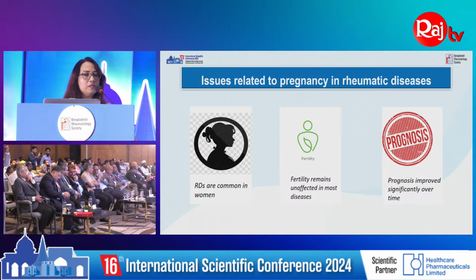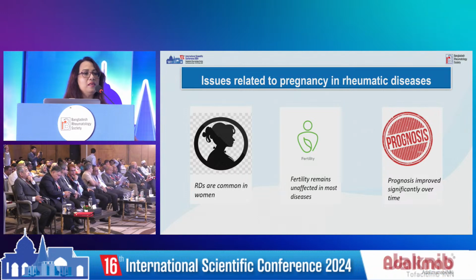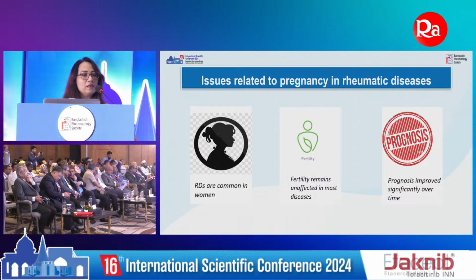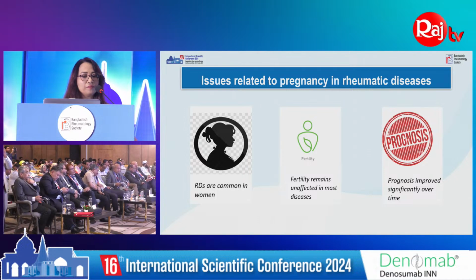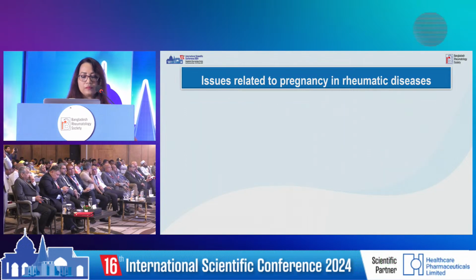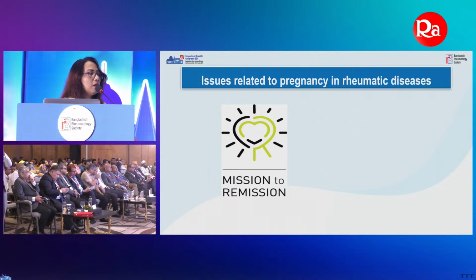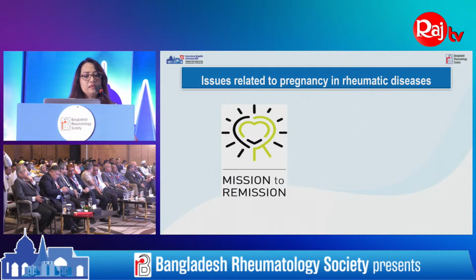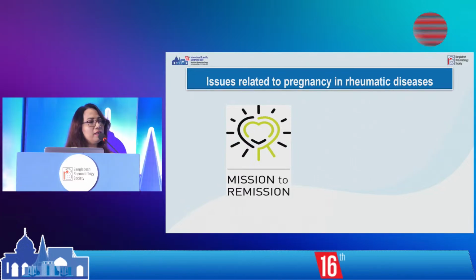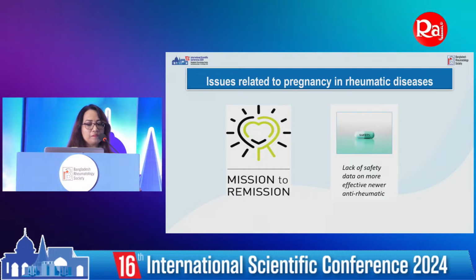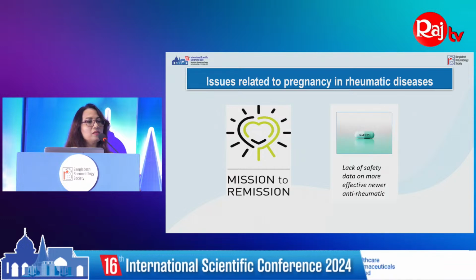And we all know, dear audience, by this time, the prognosis of the rheumatic diseases improves significantly with the newer drugs, and also the prognosis of pregnancy outcome is improved. With currently available anti-rheumatic drugs, most of the time we can achieve remission or at least low disease activities. But the problem is, the drugs we are using to achieve that don't have adequate safety data.